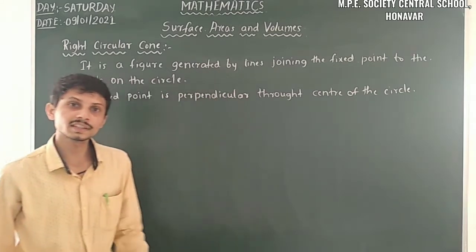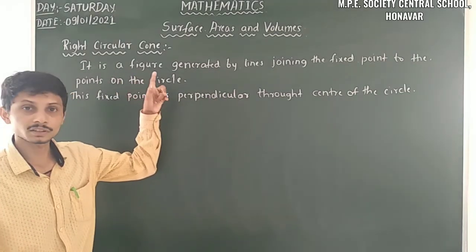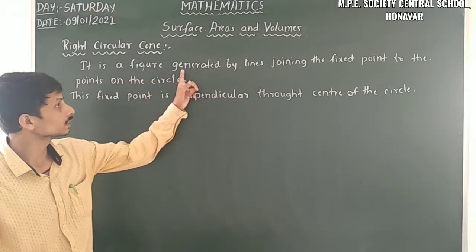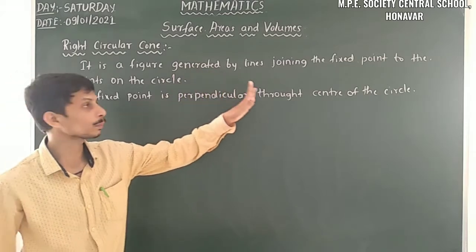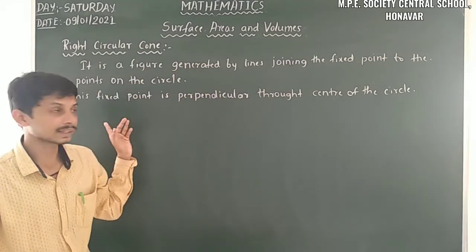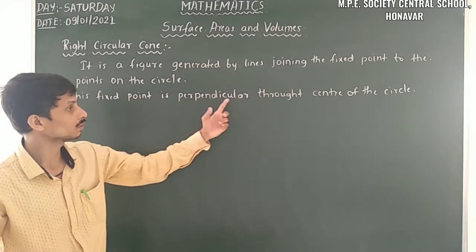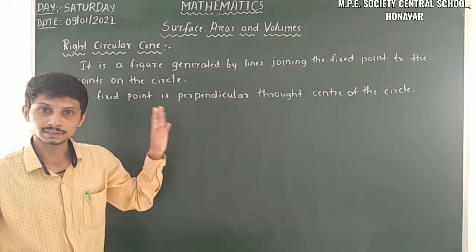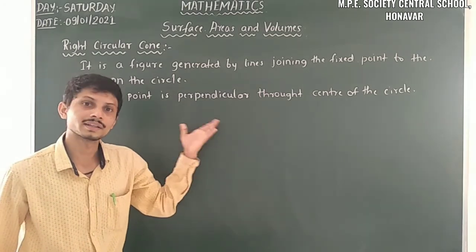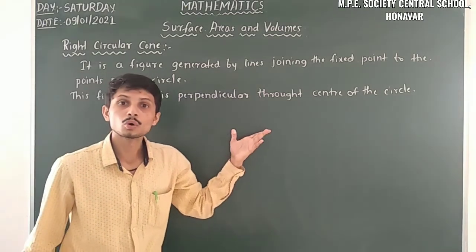Yes. So this is the definition of right circular cone. Firstly, it is generated by lines joining the fixed point to the points on the circle. Second, this point is perpendicular to the center of the circle. So this figure we call a right circular cone.